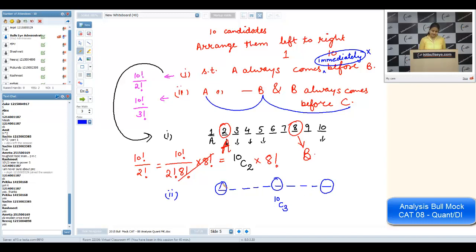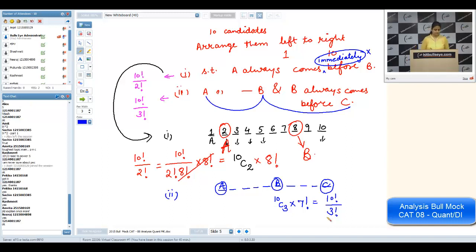At the very first place, I'll place A. At the second place, I'll place B. At the third place, I'll place C. So my work is done here. My condition is okay. With the remaining 7 people, I don't have any problem in arranging them. They can be seated anywhere. So if we solve it, you'll be left with this thing. So this is the answer, 10 factorial divided by 3 factorial. Is it okay now, Amrita?